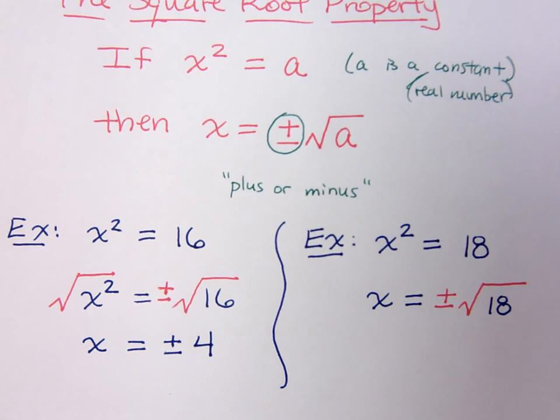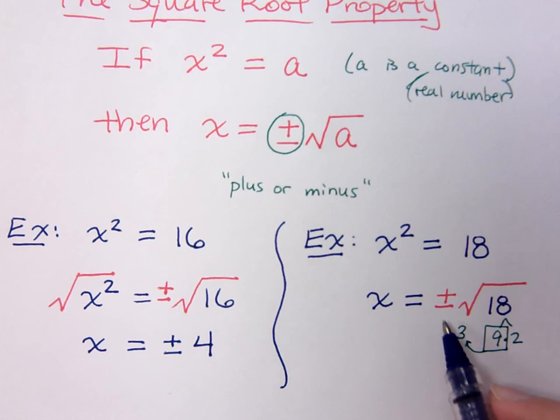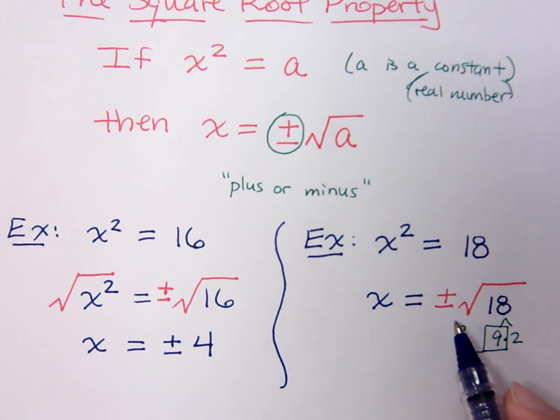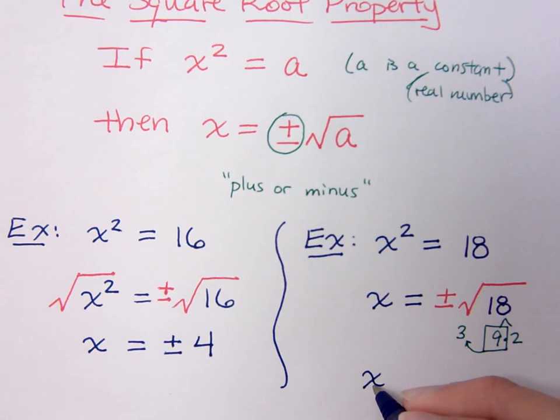Now this answer is not good enough because we know that 18 can break down. It can be simplified. 18 breaks down to be 9 times 2. And of course 9 is my perfect square, and he comes out as the 3. Now, one of the biggest mistakes that students make when we're doing these problems is where the numbers go. The plus or minus is your sign. Anything that comes out of the radical is still going to be in front of the radical, just like when we were simplifying these guys in the last chapter.